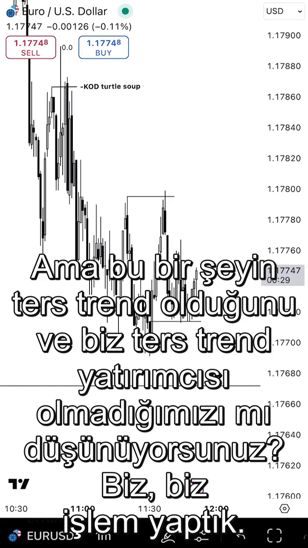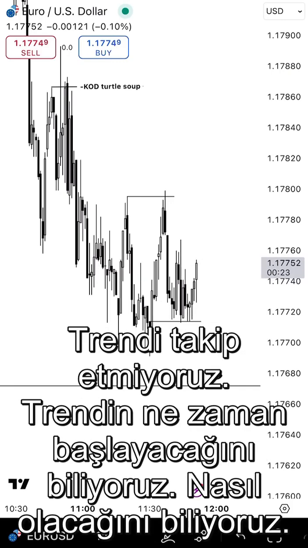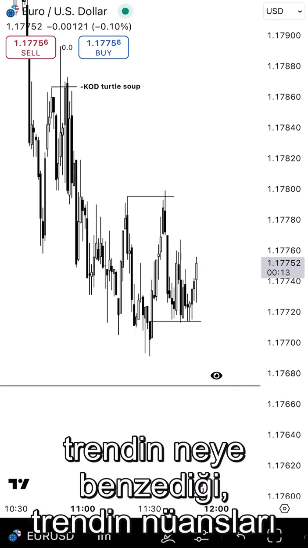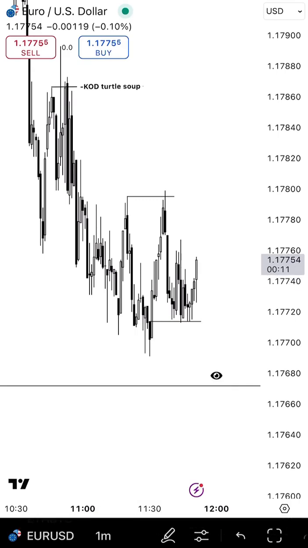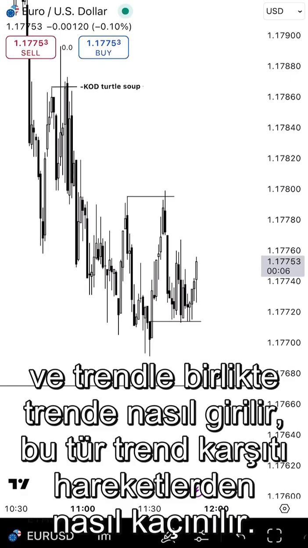But that something is counter trend, and we are not counter trend traders. We trade with the trend. We don't chase the trend. We know when the trend is going to start. We know what the trend looks like, the nuances of the trend, and how to get in on the trend with the trend, avoiding counter trend moves such as this one.